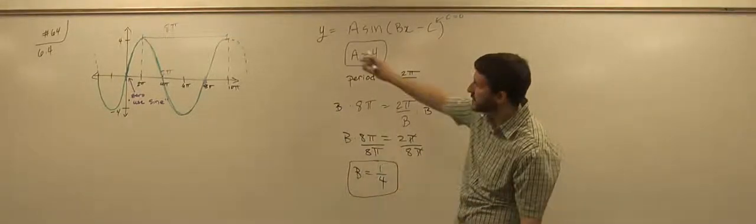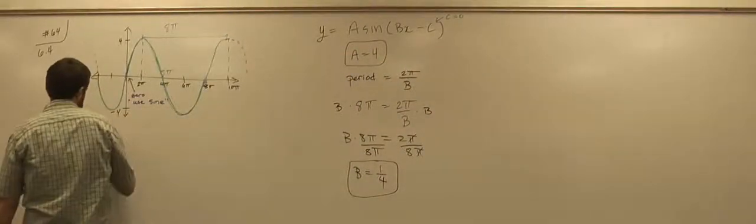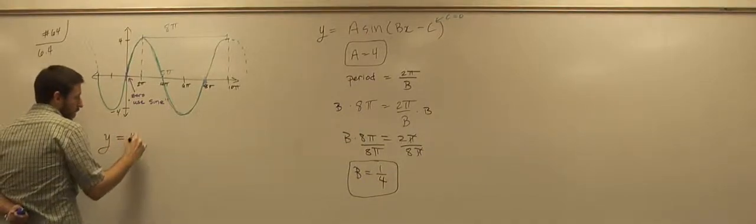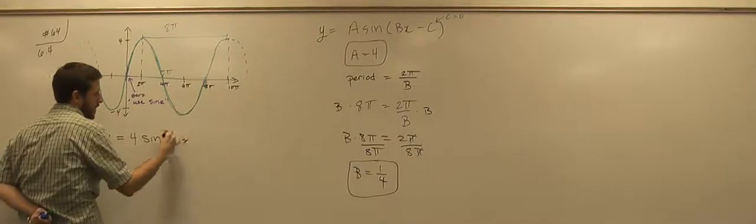Which means at the end of the day, since it said find an equation for this, you have to throw A and B into the right equation. So you'll put y equals 4 sine of 1/4 x.